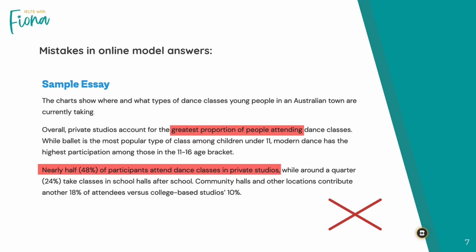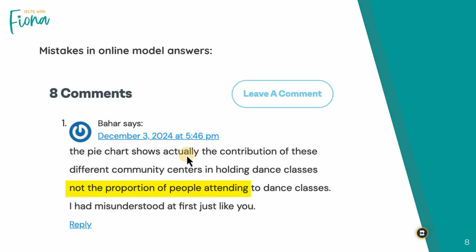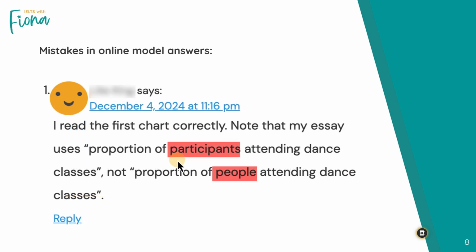It continued to say nearly half of the participants attend dance classes in private studios. Again, it's wrong. We don't know how many participants attend these dance classes. Somebody actually pointed this out. They corrected them, but the teacher just said proportion of participants is different from proportion of people. And it's not. Participants and people are exactly the same, so that doesn't make much sense.